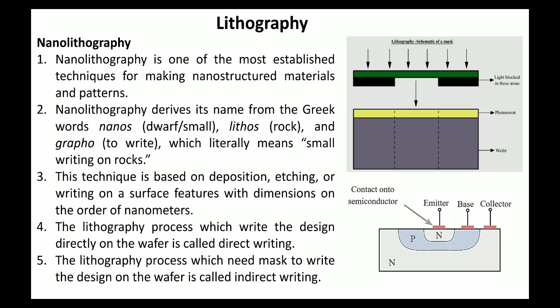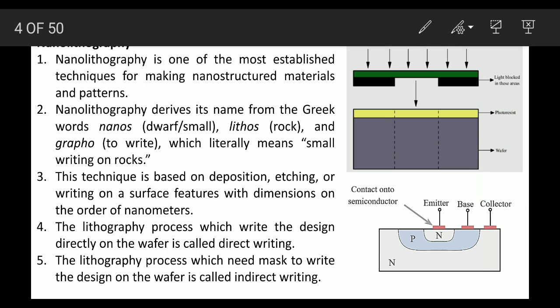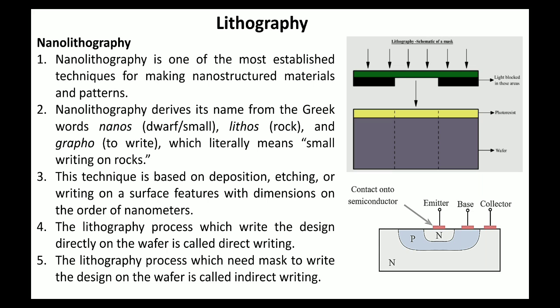Now see the image below: this is a transistor with N type material, P type material, and again N type material. So this is an NPN transistor. Here you can see the emitter, base and collector, and you want to make electrodes in those particular regions.